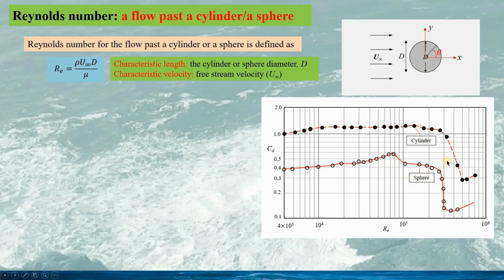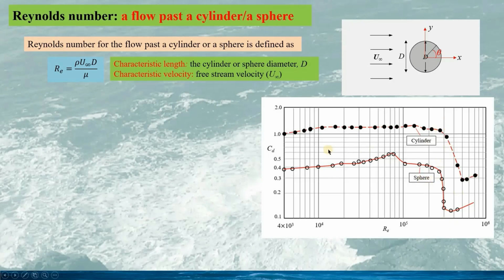And we see when the Reynolds number is smaller than 200,000, the drag coefficient would not change very much. However, at the Reynolds number of about 200,000, we can see the big drop of the drag coefficient for both cylinder and the sphere here.